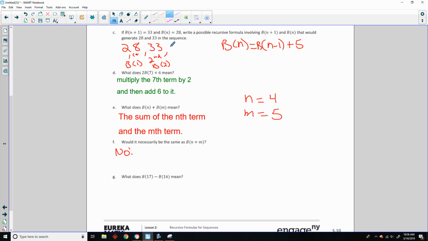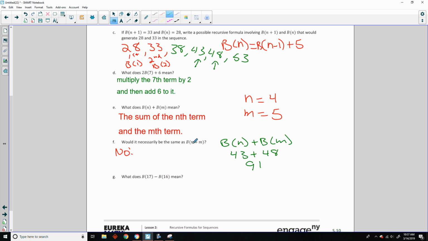First term, second term, we're adding 5 each time. 38, 43, 48, 53. 1, 2, 3. This is the fourth term, and this is the fifth term. So if I took b of n plus b of m, b of n is 43, and b of m is 48, and they add up to 91.